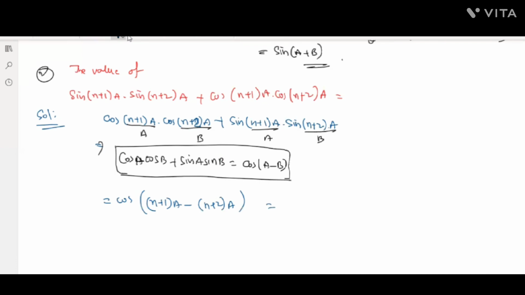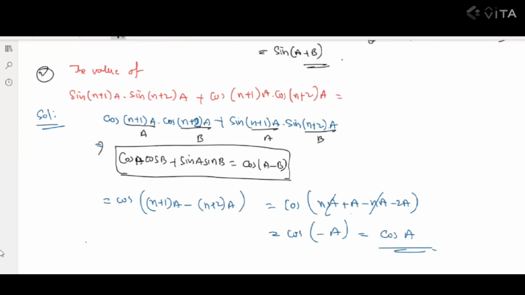So this is equal to cos of na plus a minus na minus 2a. Plus na minus na cancel, a minus 2a is minus a, cos of minus theta is plus cos theta only. So we get cos a as the answer. Hope you understand this question.